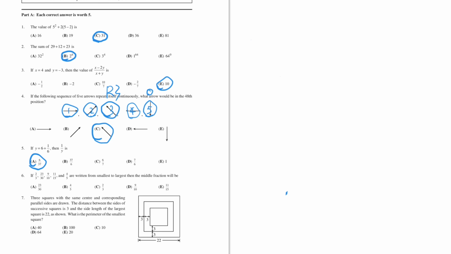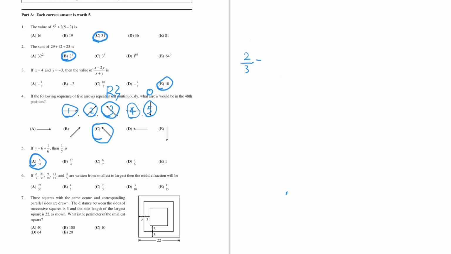Number 6, if 2/3, 23 over 30, 9 over 10, 11 over 15, 4 over 5 are written from smallest to largest, then the middle fraction will be. So the denominators are 3, 30, 10, 15, 5. The LCM, the common multiple of these 5 numbers, is 30.